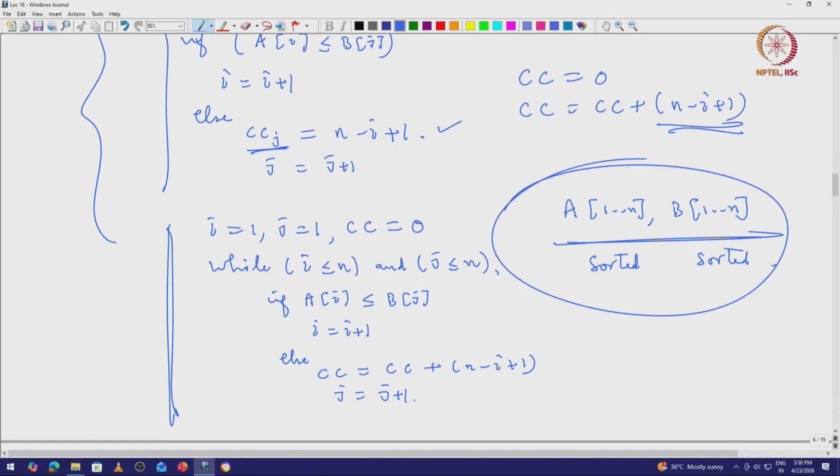We call this algorithm cross count A B, cross count for two arrays.